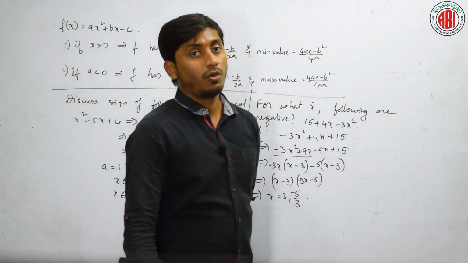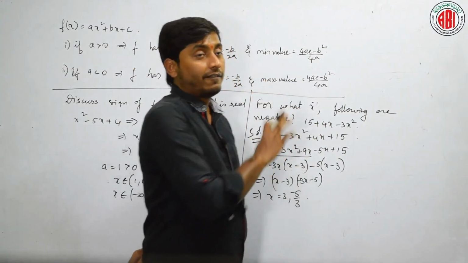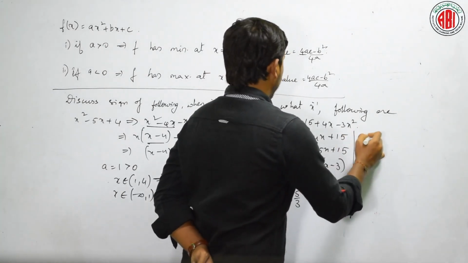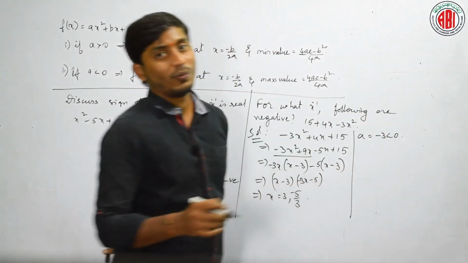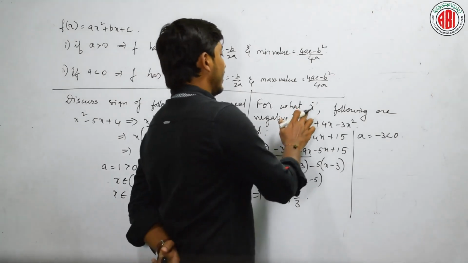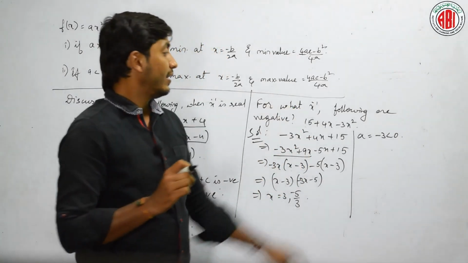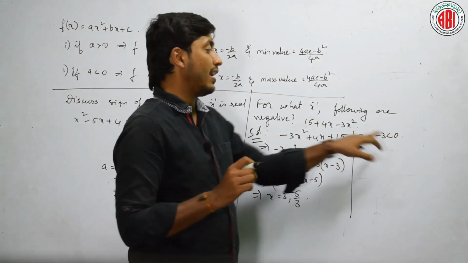Clear? So, how do we check that the expression is negative? First thing is, here a is minus 3 which is less than 0. Then he is telling that this equation is negative at some values. When do we get negative? That is, it should have the same sign as a.